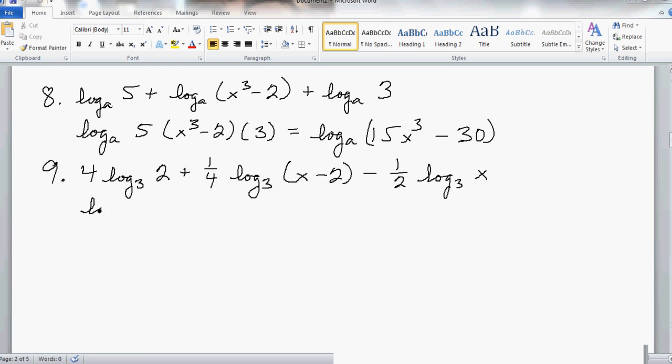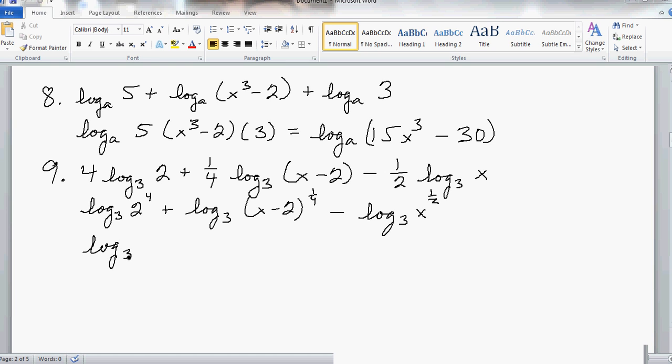So this becomes log base 3 of 2 to the 4th power plus this becomes log base 3 of x minus 2 raised to the 1/4 power minus log base 3 of x to the 1/2 power. Now we know 2 to the 4th is 16, so this becomes log base 3 of 16.